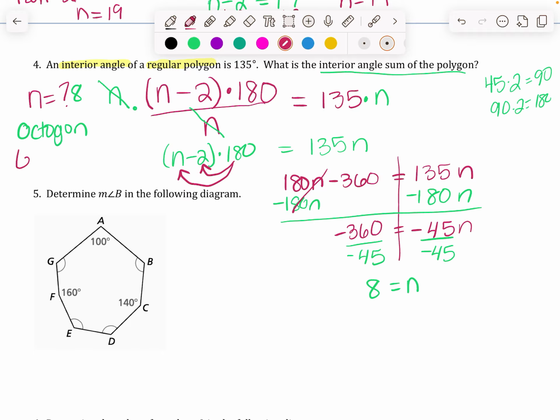That means that there are 6 triangles, and 6 triangles at 180 degrees each would be, let's see, 6 times 100 would be 600, 6 times 80 would be 480, so 1080 degrees in an octagon altogether. So that would be the interior angle sum, and that's what we were trying to find in the end. So the interior angle sum is 1080 degrees.